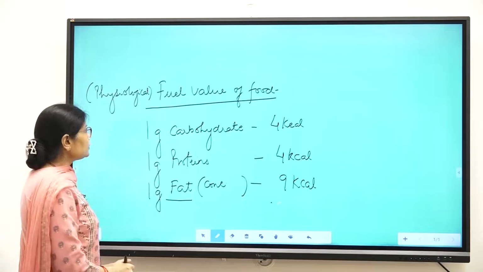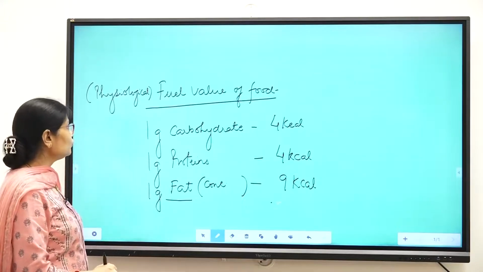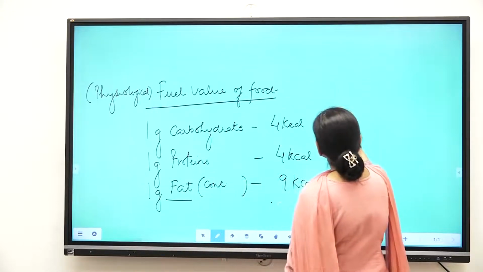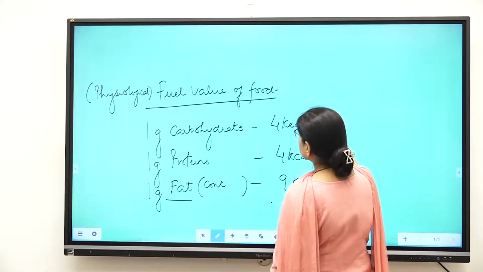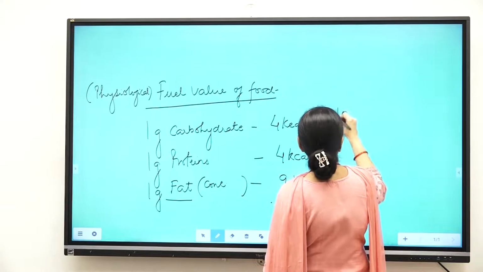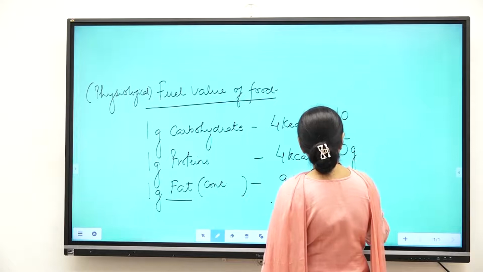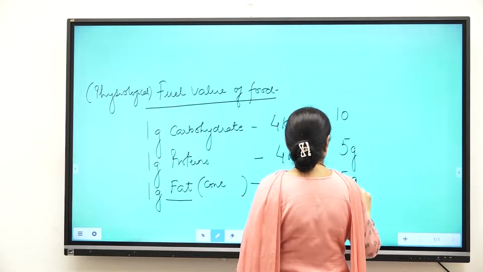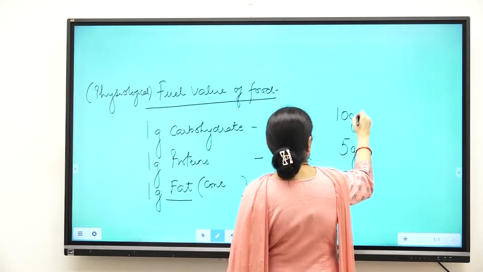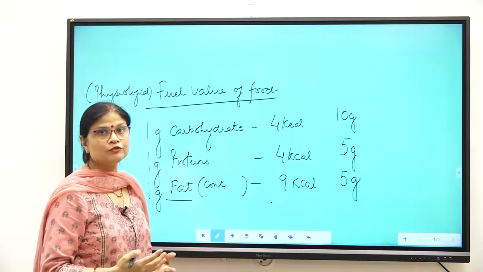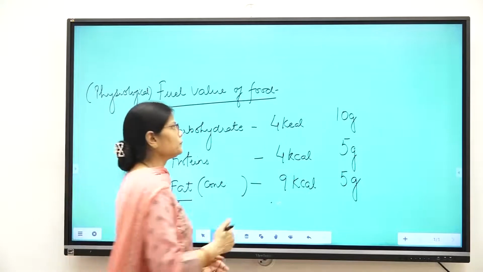Let us understand the fuel value of food. If a food contains 10 gram of carbohydrates, 5 gram of proteins and 5 gram of fat, then what will be the energy value or the fuel value of that particular food?